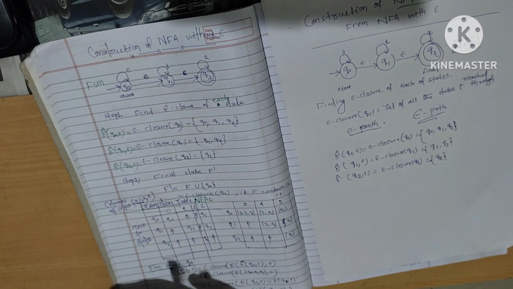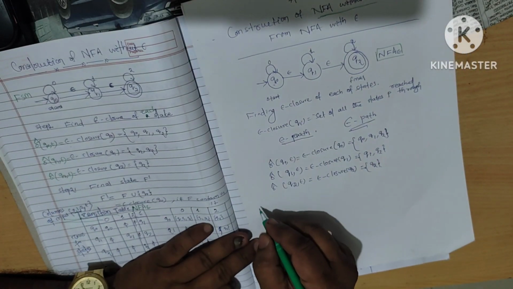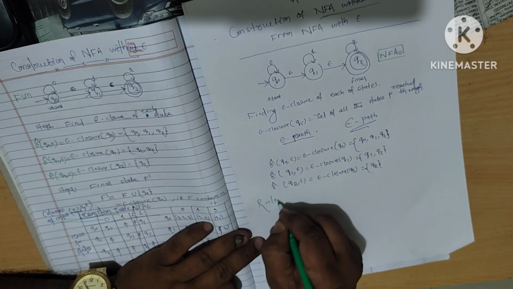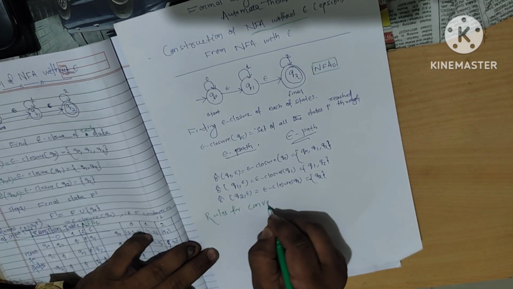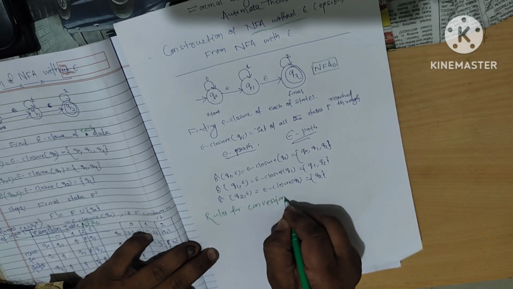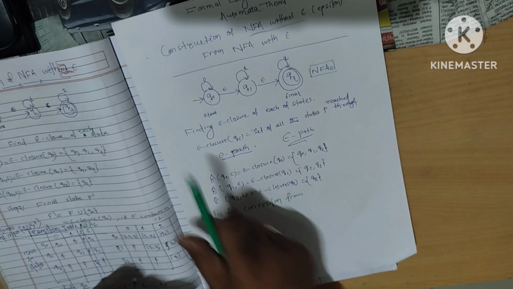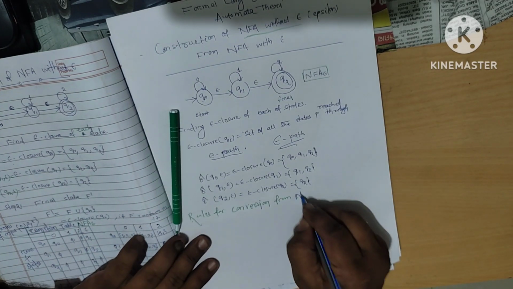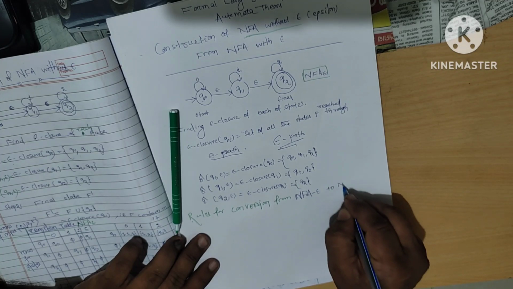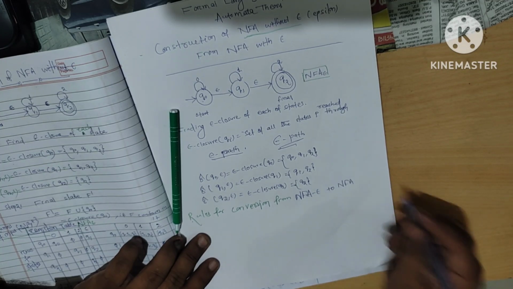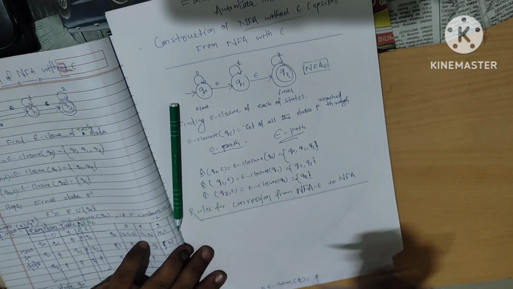Now, what are the rules for conversion? Rules for conversion from NFA with epsilon to NFA without epsilon. That is our main objective.